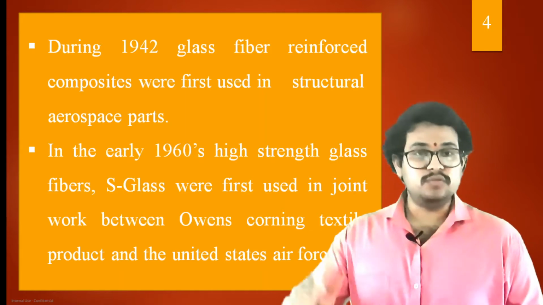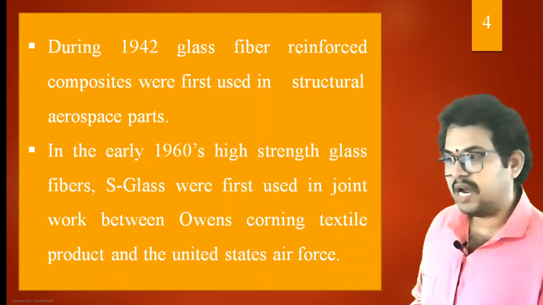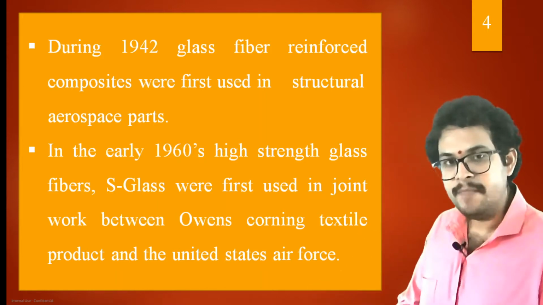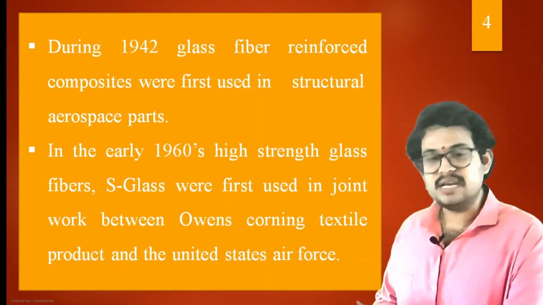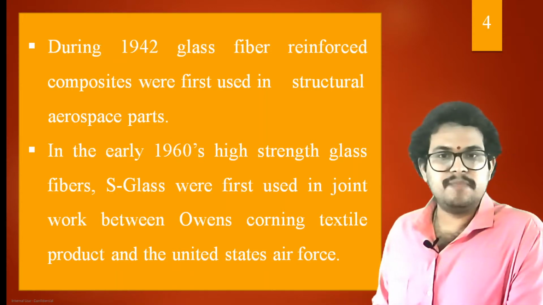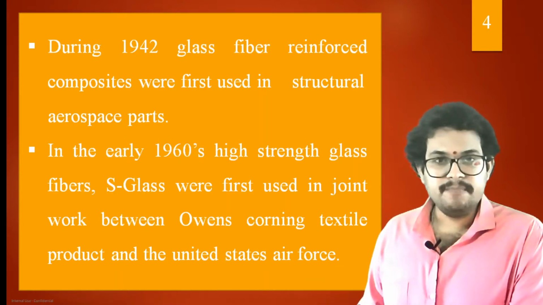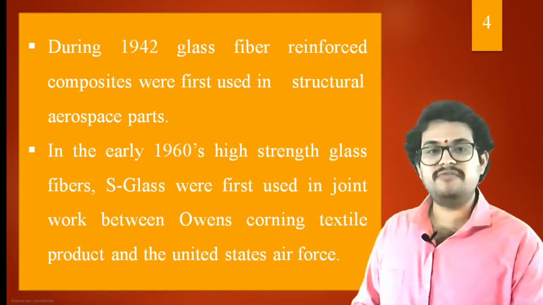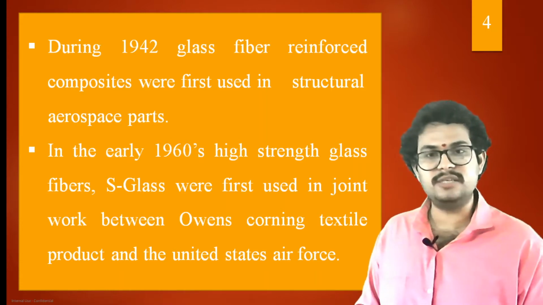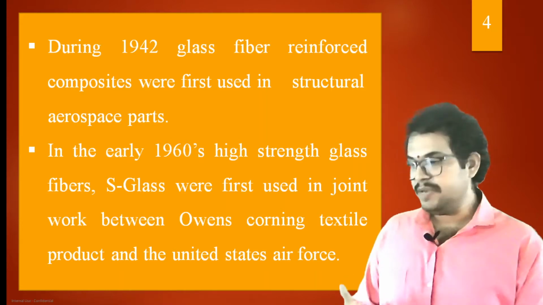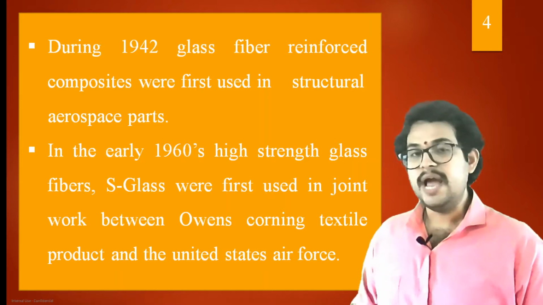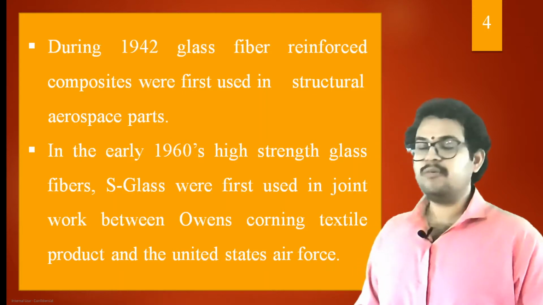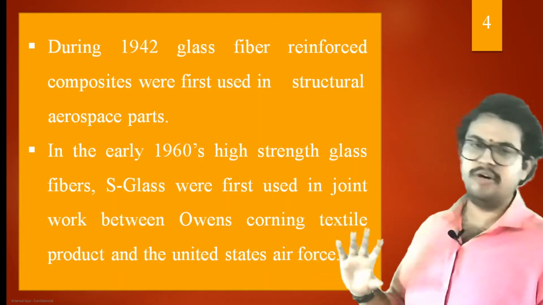During 1942, you might remember that in the very first class, when we discussed the definition and history of composite materials, I told you that a person named Owens Corning observed that these composite materials would be the future of the society, the future for our present industry, right. And then he set up an industry, a textile industry, somewhere around 1942, right?